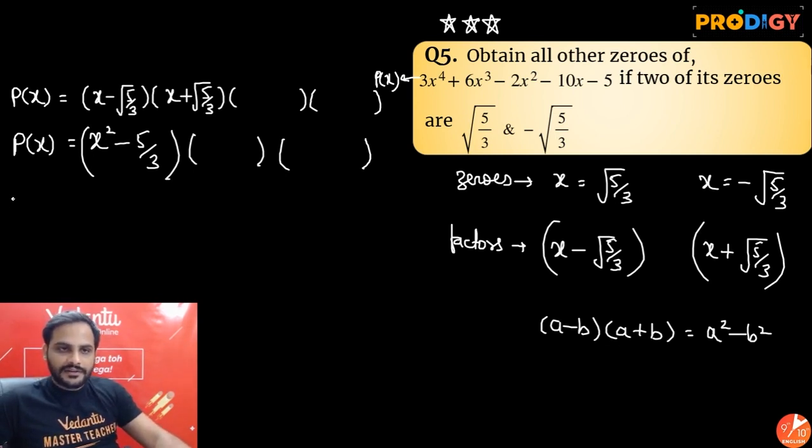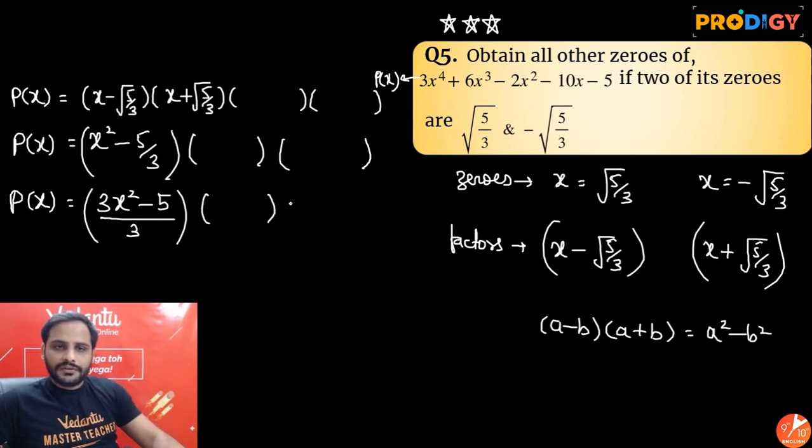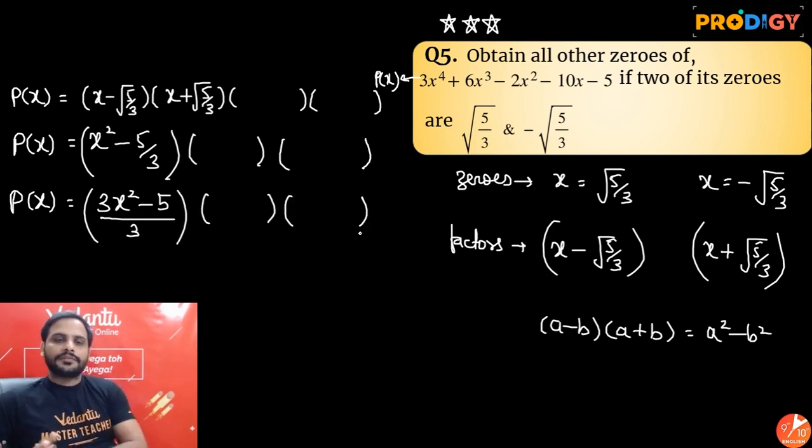Now let's take the LCM. So p(x) is, take the LCM, (3x square minus 5) whole divided by 3, into this and into this. Alright beta, now this 3 I can take outside the bracket. So I'll write it over here.